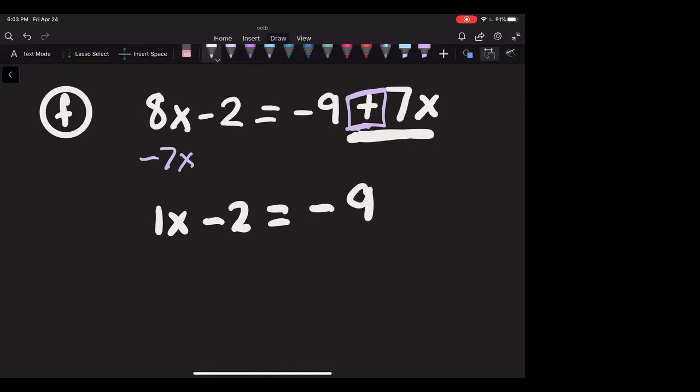So is there any addition or subtraction? There's subtraction. What is the opposite of subtraction? Addition. So I'm going to add 2. So you have 1x is equal to, what's negative 9 plus 2?